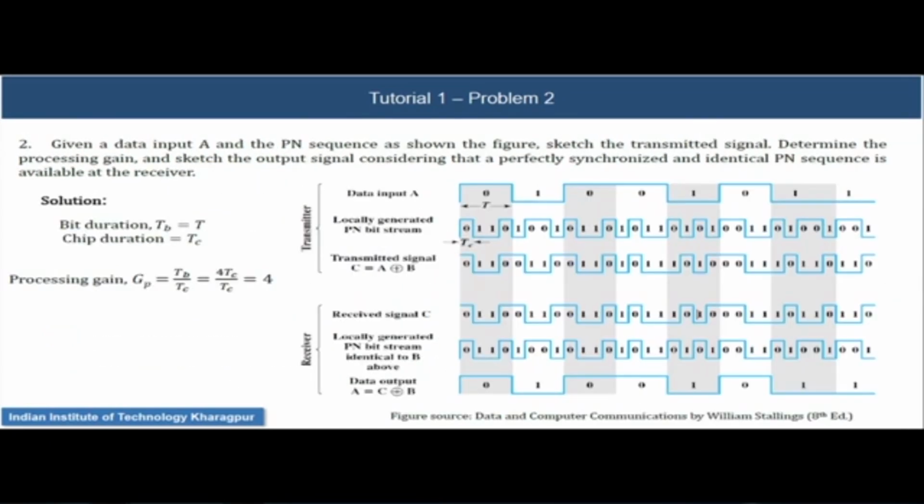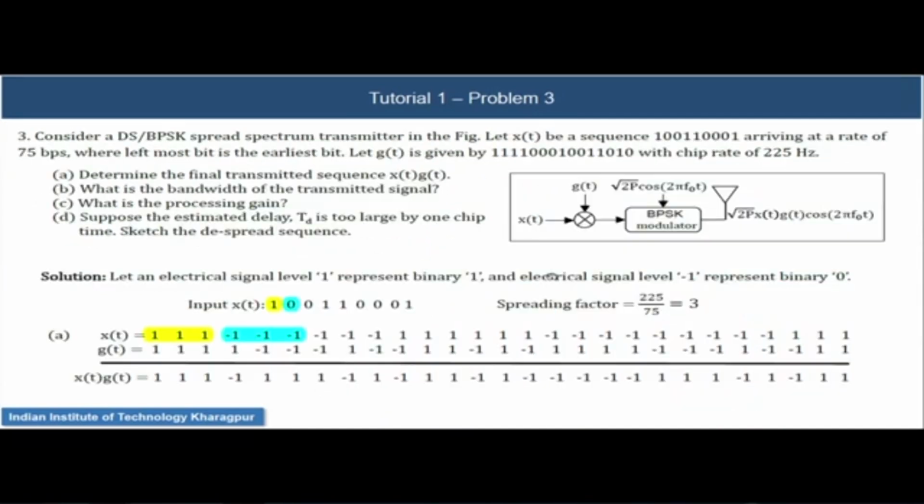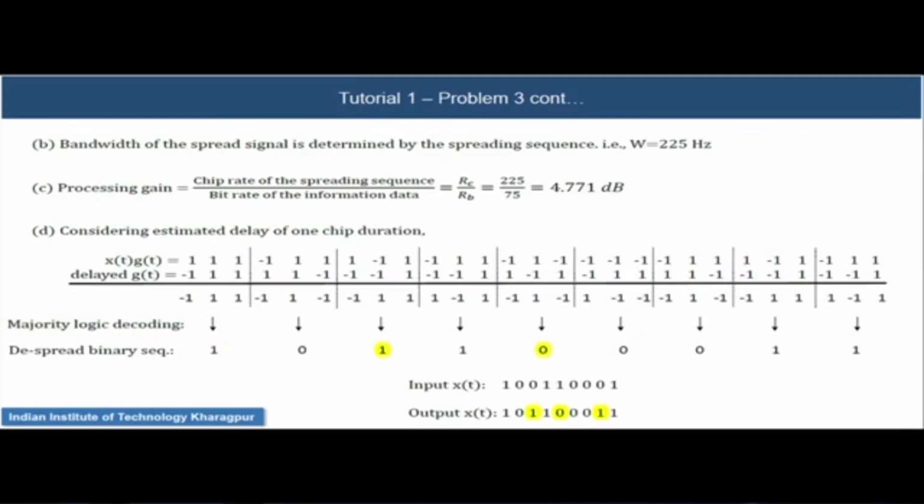If you recall, in the previous problem we had the PN sequence at the receiver which was synchronized with the PN sequence at the transmitter, but now it is said that the estimated delay in the PN sequence is too large by exactly one chip time, and therefore we have a PN sequence which is delayed now.